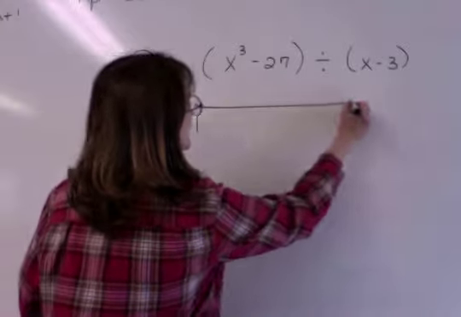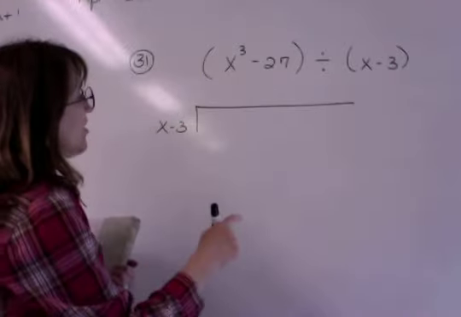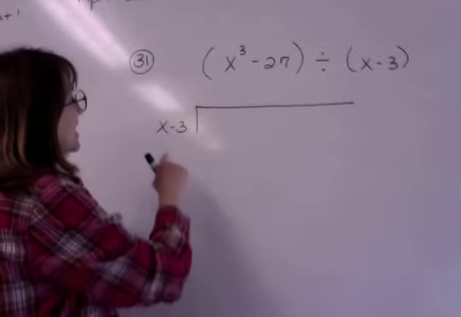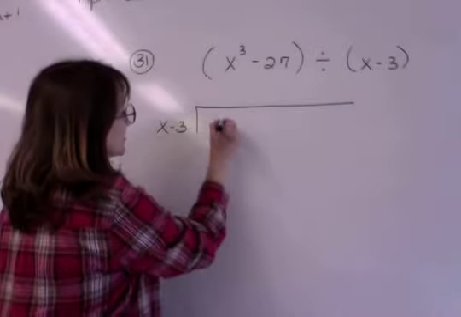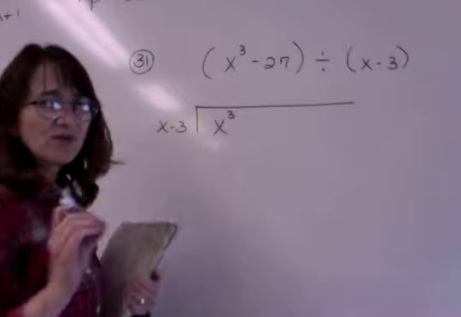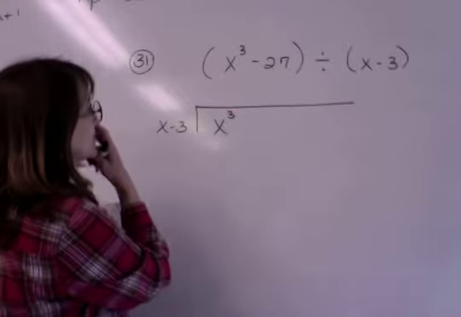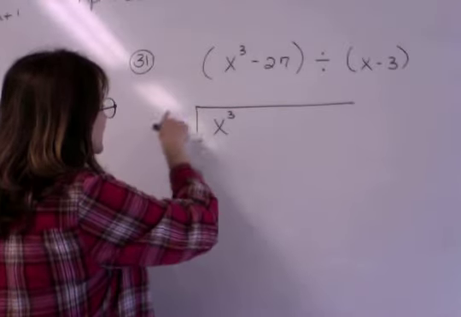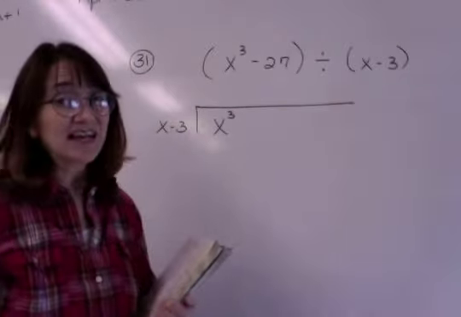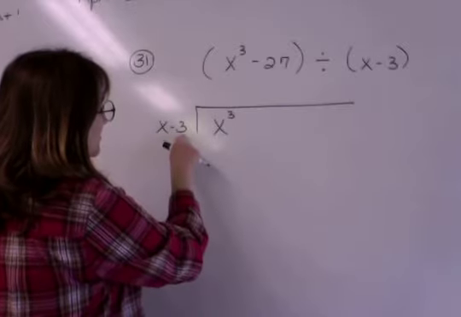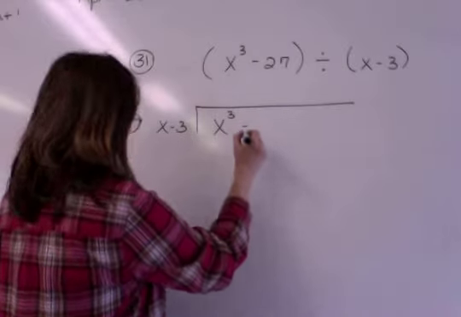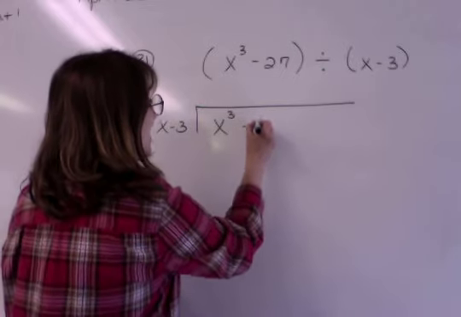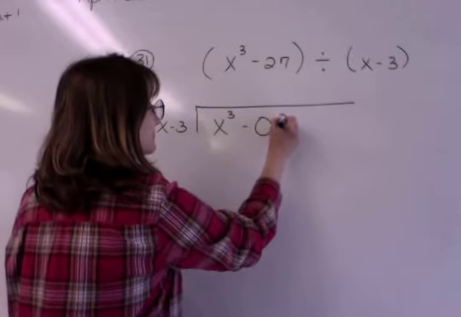I'm going to set this up, and I know that if I multiply something to x to get x cubed, it's going to be an x squared. So think about what would happen right here. I would end up with an x squared right there.